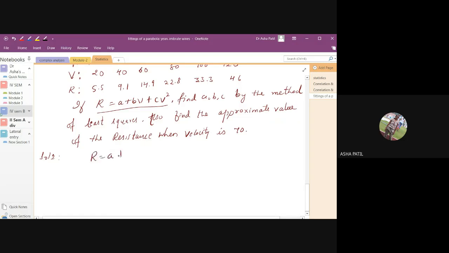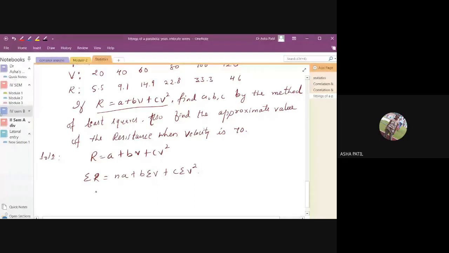R is equal to A plus BV plus CV square. What's the first normal equation?